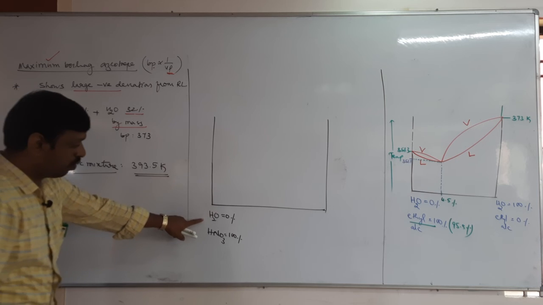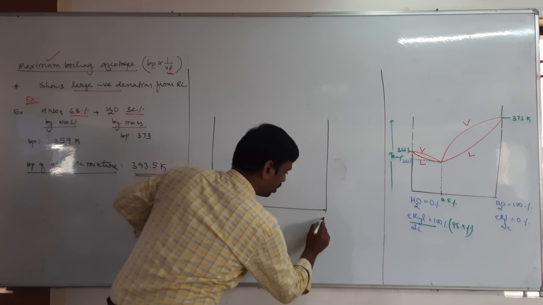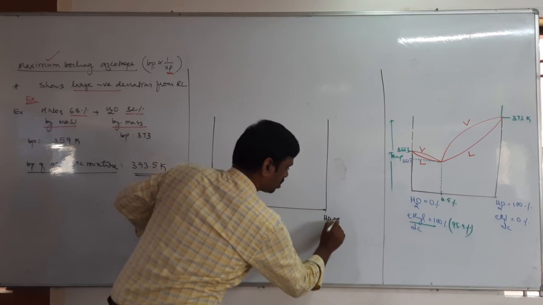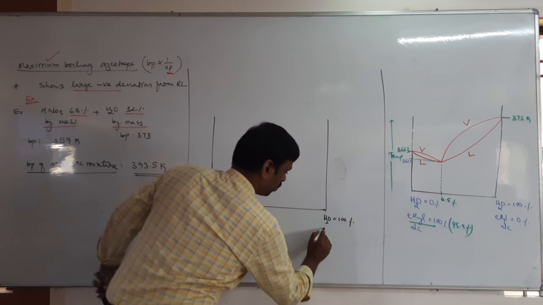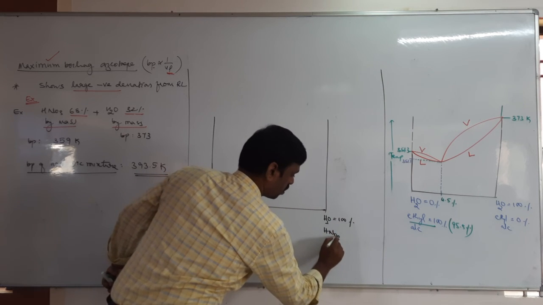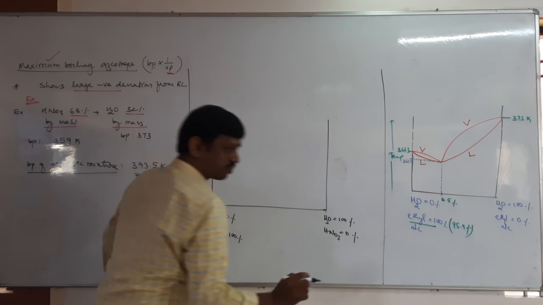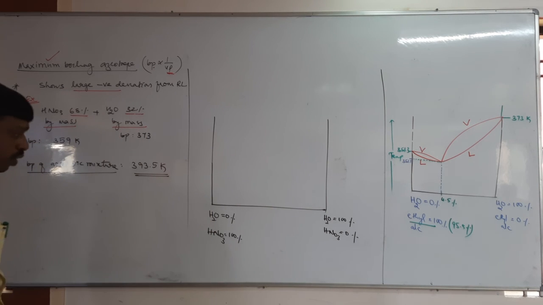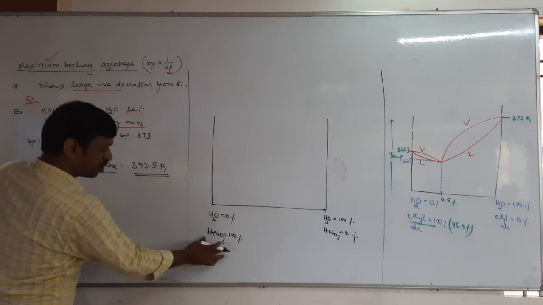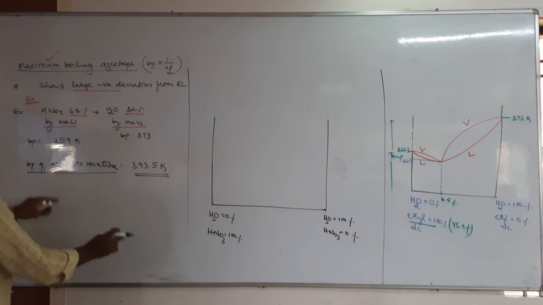If water is 0%, what is the water here? Water is 100%. Then what is HNO3? It is 0% here. Okay. Now tell me, what is the boiling point of HNO3 here? How much is it?